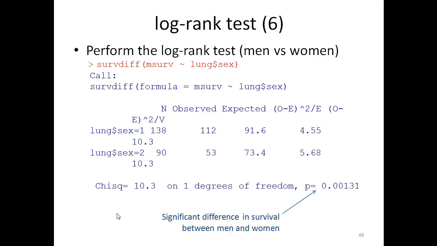And as in the previous picture, you provide the survival object tilde the grouping variable. And this is what you get in return. As you can see, the chi-square has been involved in the calculation, but what you might be most interested in is the p-value, which is 0.001 here, indicating that the difference between men and women in survival time is highly significant.